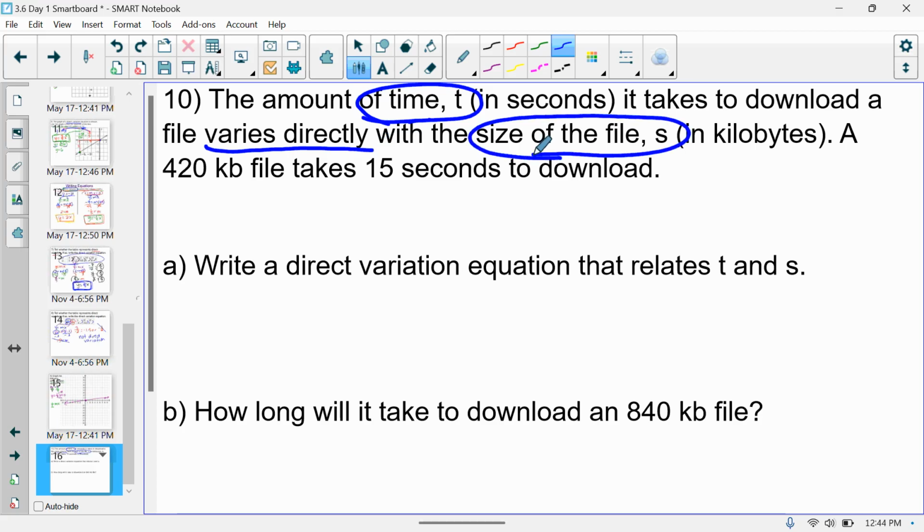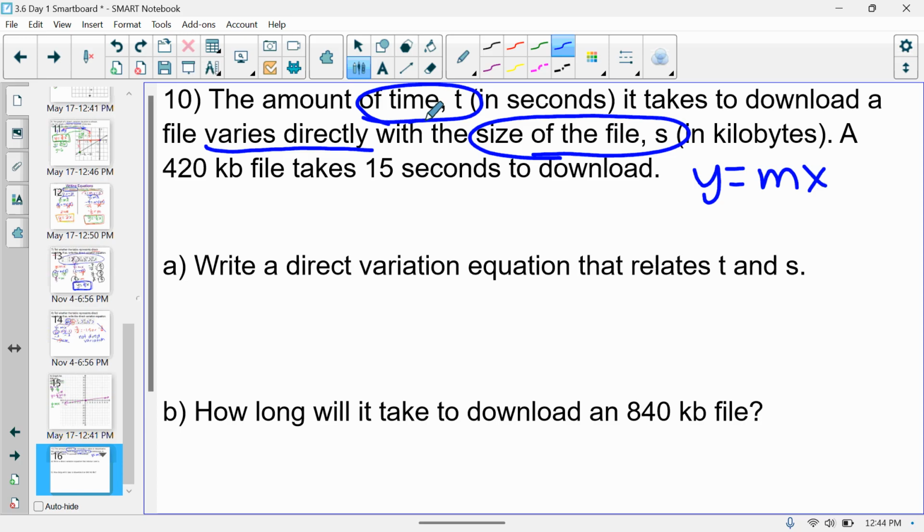Let's stop and think about real life for a second. Have you ever downloaded a picture or some kind of file on your phone or on your computer? The bigger the file is, the longer it takes to download usually, right? So normally when we use direct variation, our equation looks like this, right?